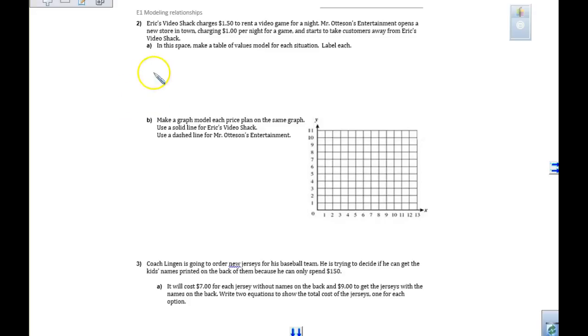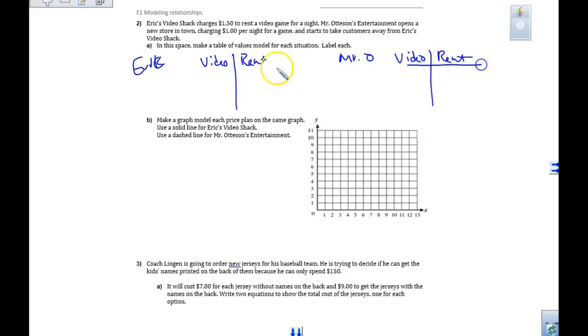So you want to start this with Eric's Video Shack and how much they're charging, and then we have Mr. Otterson's, and they are charging for videos, how many videos you get, and how much they rent for. So my hint is both of these tables are going to look the same. You're going to both start out at 0 videos, and you want to go up to 4. So 0, 1, 2, 3, and 4. Same thing here, 0, 1, 2, 3, and 4.